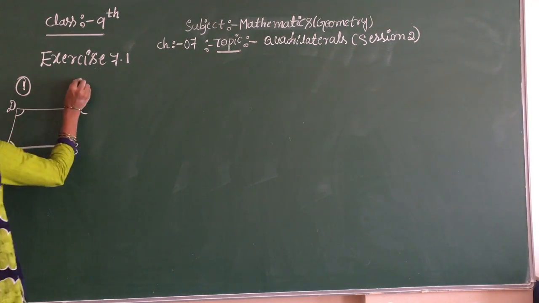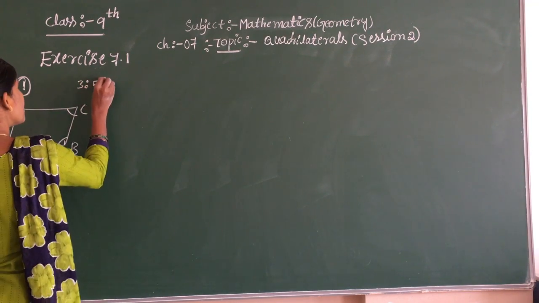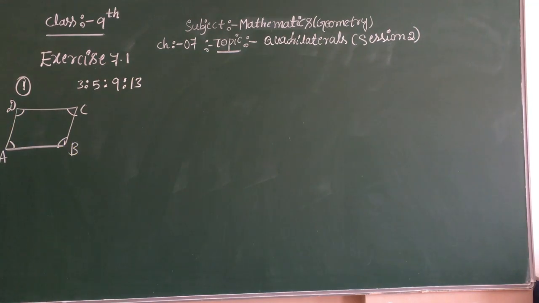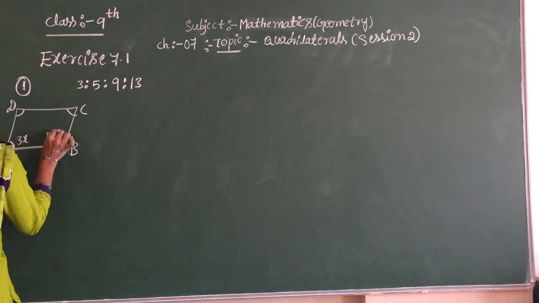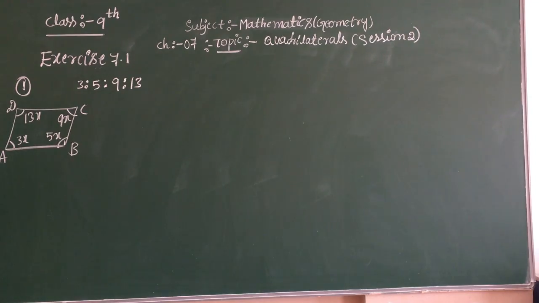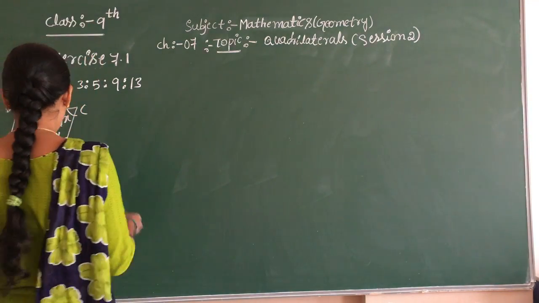So the ratio is 3:5:9:13. Children, you should write the names 3x, 5x, 9x, 13x. The sum of the angles of the quadrilateral is 360 degrees; that only you should write.